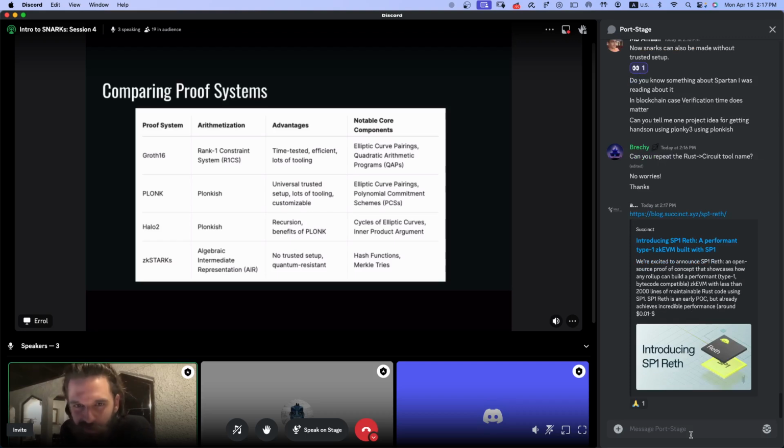So Spartan actually came out a while ago, but then I read Lasso, and I was going to look at the way they'd modified Spartan, but I think they made a bit of a change to Spartan and then used it in combination with Lasso and Jolt to achieve what they're calling the proof singularity.